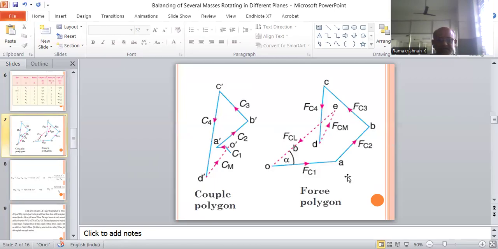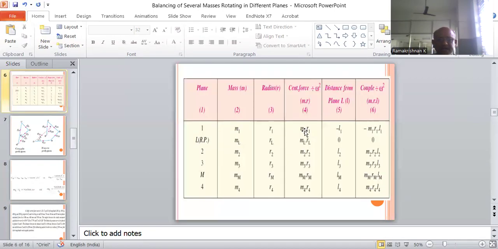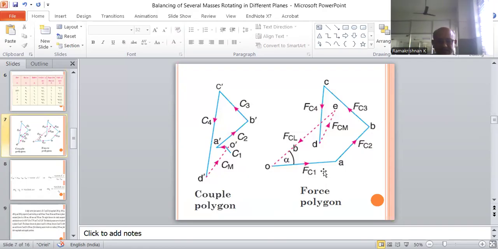Similarly, we can draw the force polygon. By using the values M1 R1, ML RL, all the values are represented in the force polygon. So OA, and the vectors are drawn parallel to the angular positions of the planes having the masses. Here the closing side is OE.